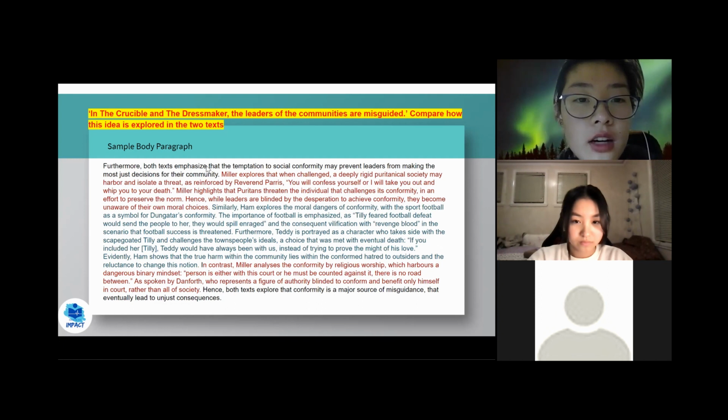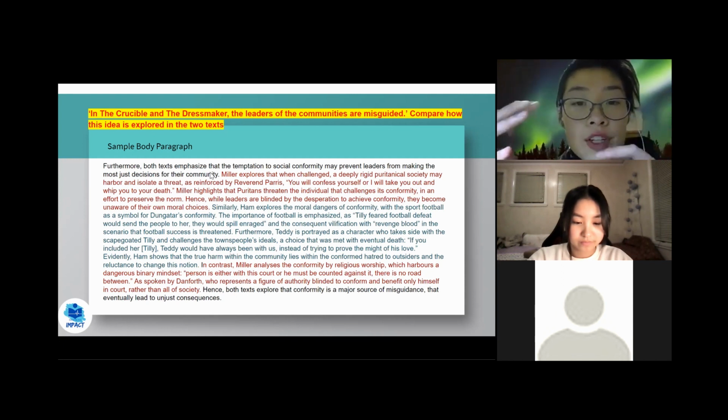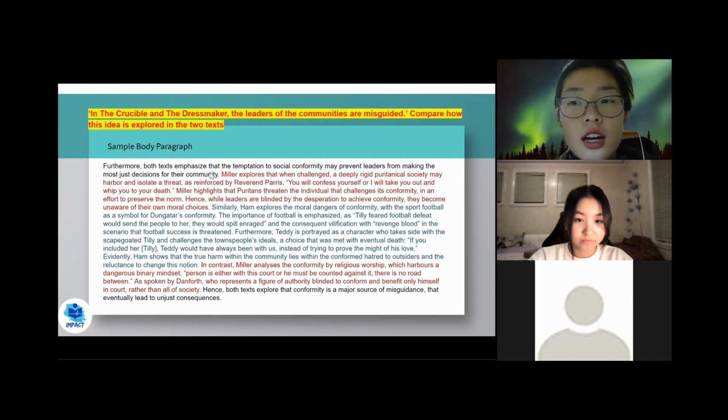So we're talking about how they're misguided in a way, because they are pressured by the temptation to conform to social conformity. Well, that's really convoluted.